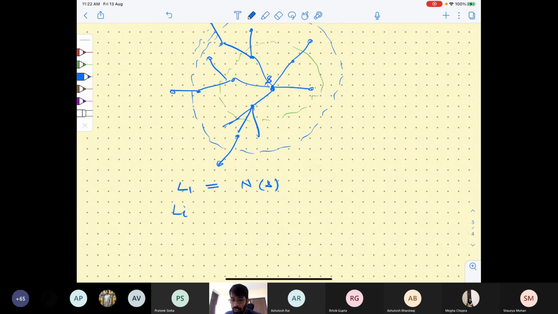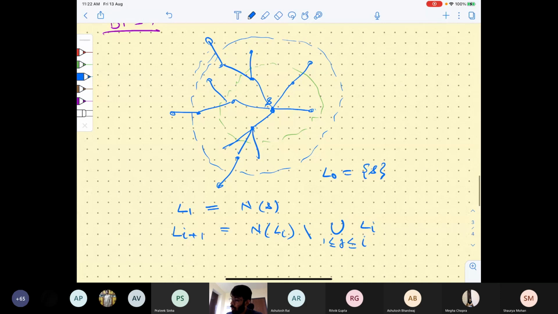And L_{i+1} is equal to the neighborhood of L_i, and let's say L0 is equal to just S. And the neighborhood of L_i minus the union over 1 less than or equal to j less than or equal to i of L_j, right?